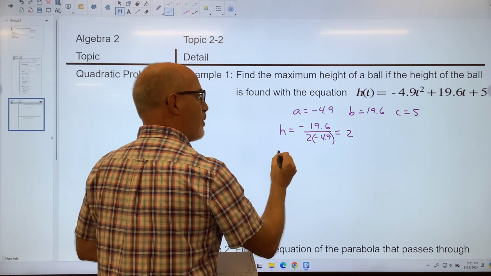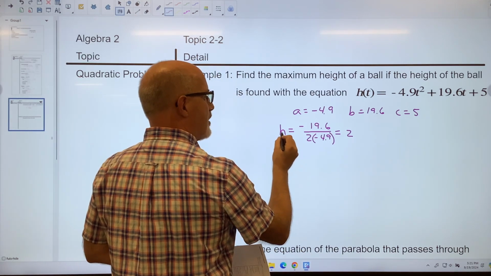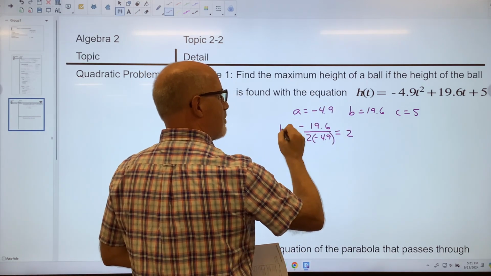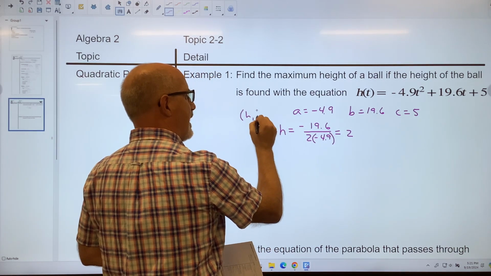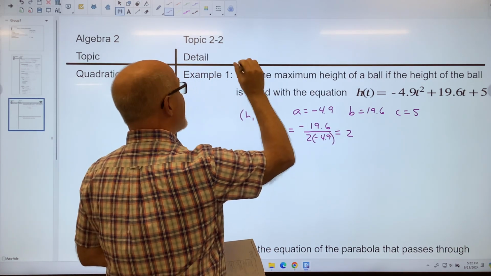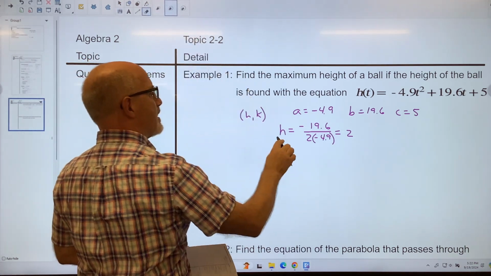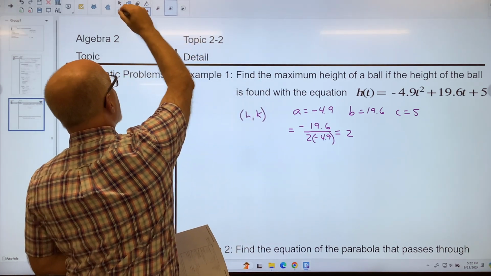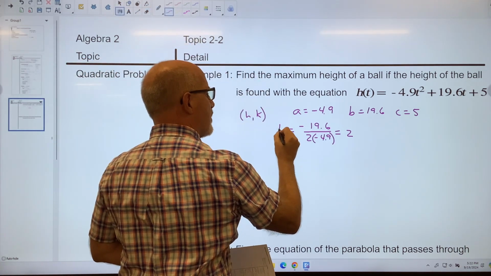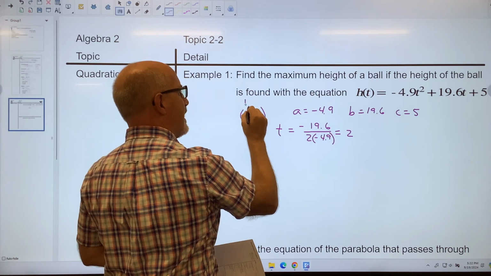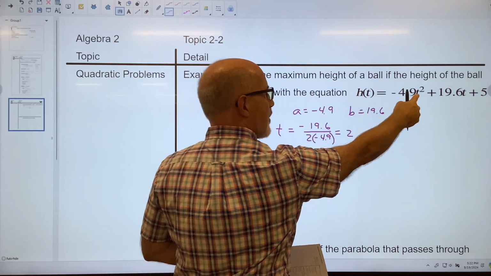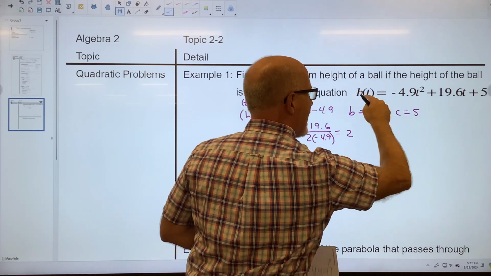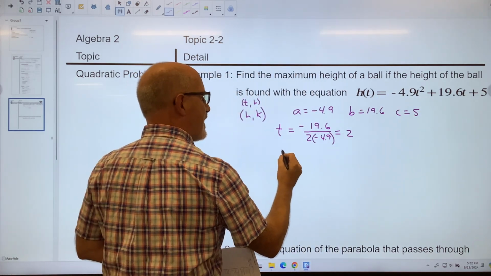Now I want to find out what h of 2 is. Again, this is a little bit confusing because of our h comma k. So this is a t value. Let me change that to a t. It might make more sense to know that this is the t comma h value for these variables. t is my time, h is my height. So let's find the height here.